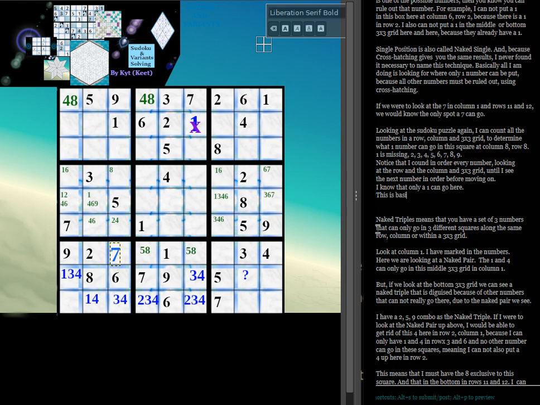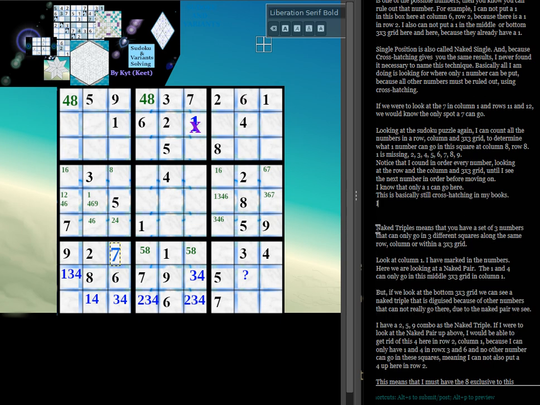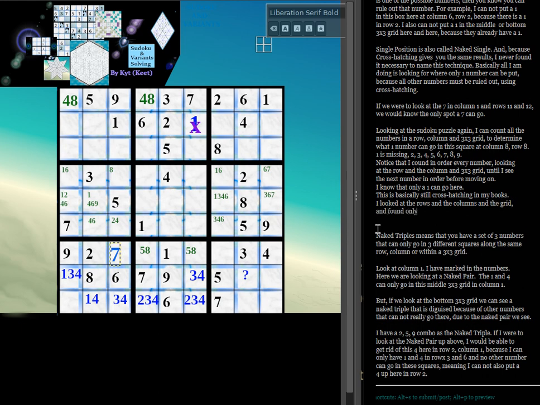This is basically still cross-hatching in my books. I looked at the rows and the columns and the grid and found only one number can go here.